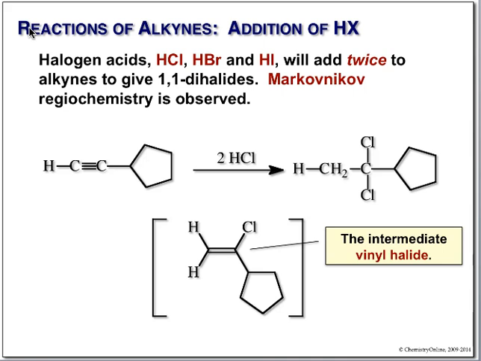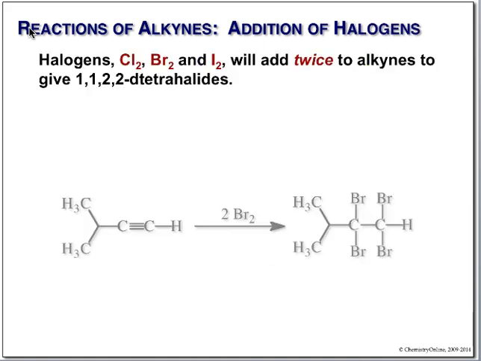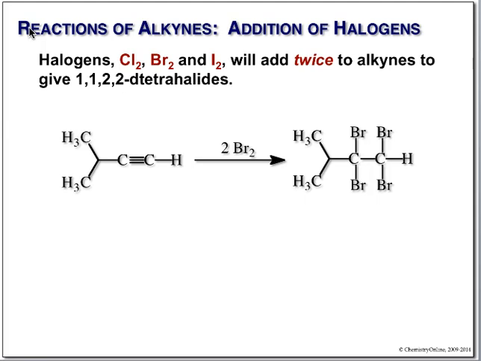Any questions? We added halogens to alkenes. We remember from last week that we form a 1,2 dihalide. Well, here we have 2 pi bonds, so all we're going to do is add 2 moles of halogen to it.